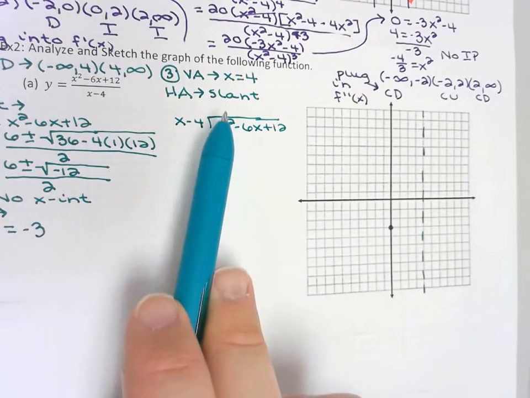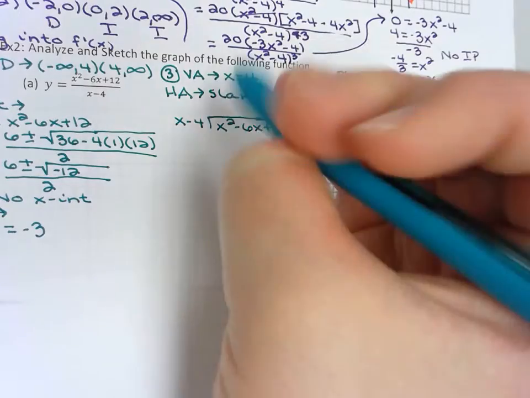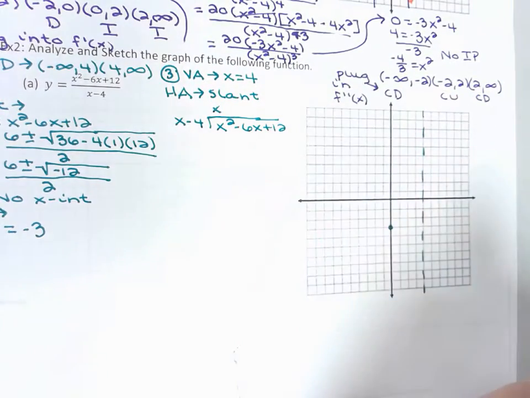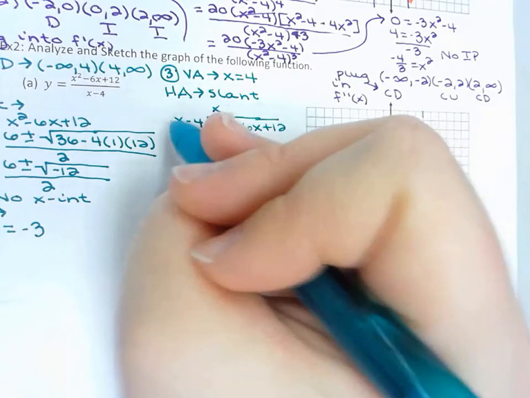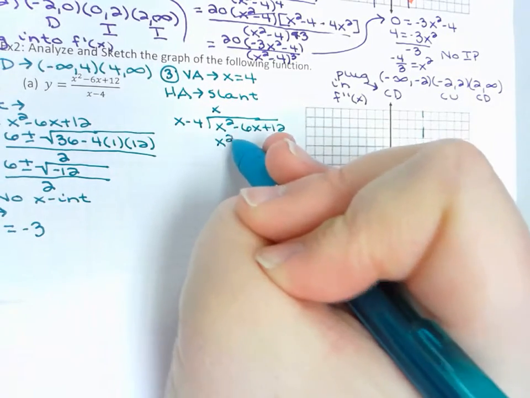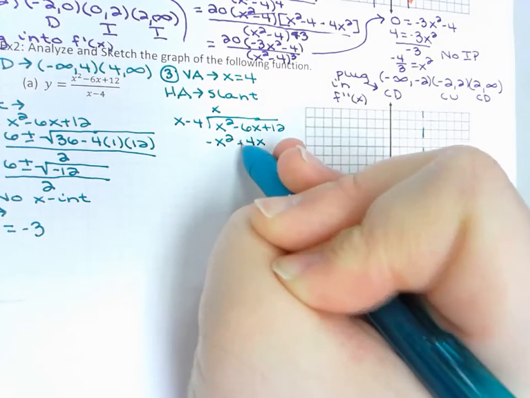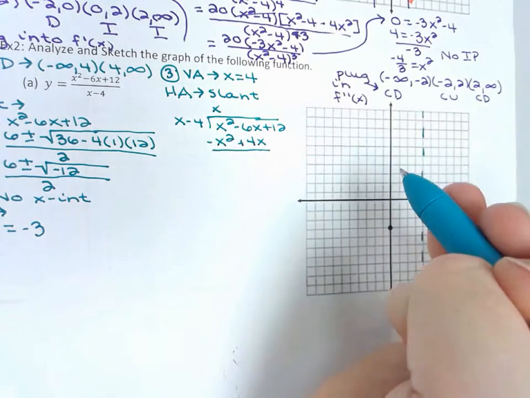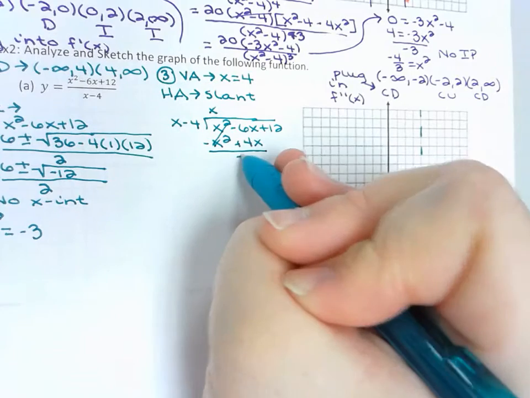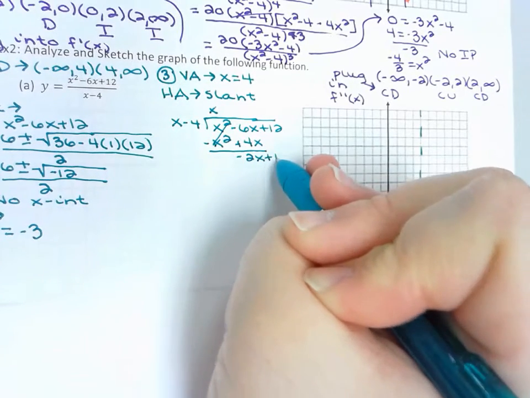X times what? What times x gives me x squared? X. So I put that on top. X times x is x squared. Multiply through. X times negative 4, negative 4x. Subtract it, so switch the sign. Minus plus. So I'm left with negative 2x plus 12.